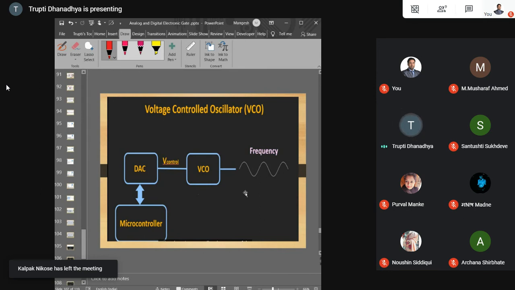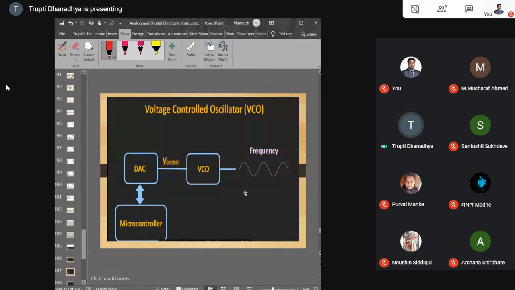For that A to D converter, we require a microcontroller or any devices. So by using the microcontroller, we convert into a digital to analog converter, and by using that converter, we get the output as V control to the VCO, and from that we get the frequency as the output. So this is the advantage of your voltage control oscillator.